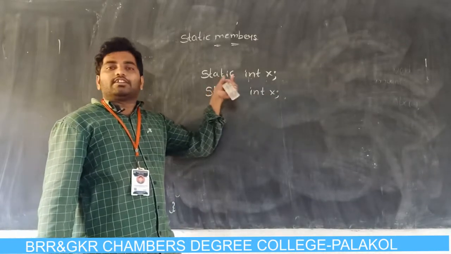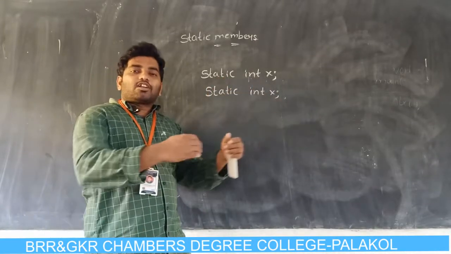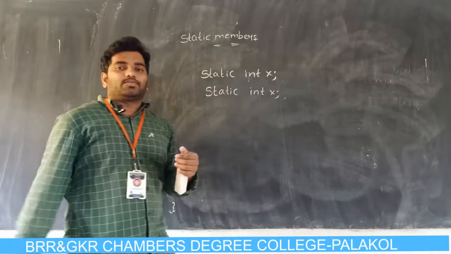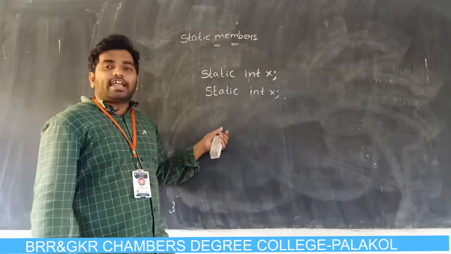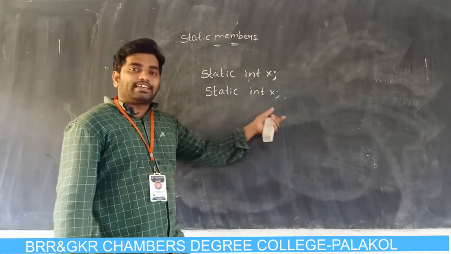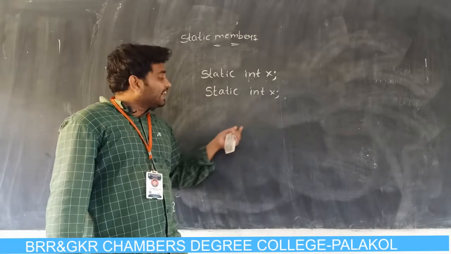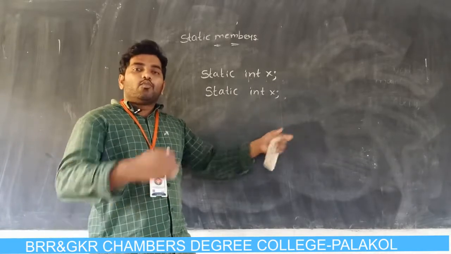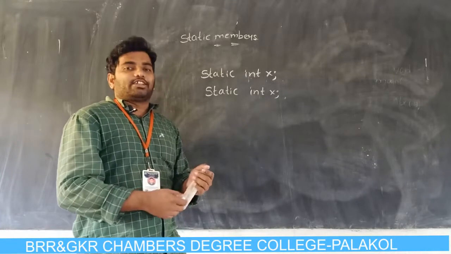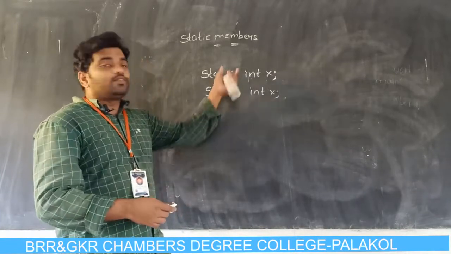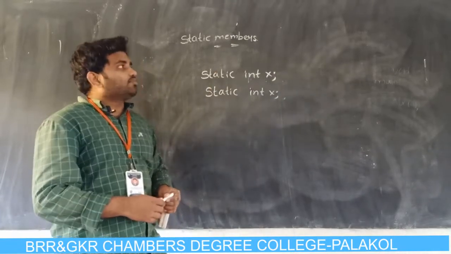Static variables and static methods are class variables and class methods. You can use static variables and static methods without creating an object. Okay, that is the total information about static members.